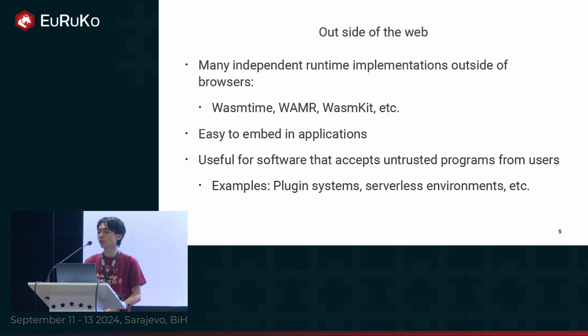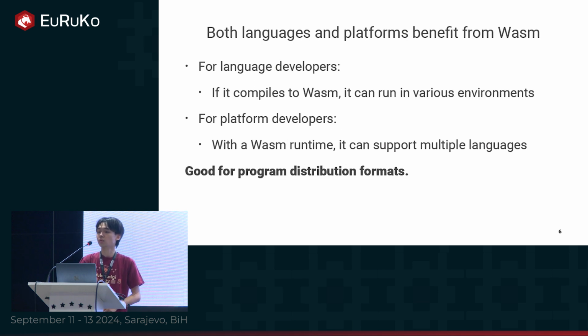So it's useful for systems that need to take untrusted programs as input from users and execute them in a safe way. Examples of such applications include plugin systems, serverless platforms, and so on. So Wasm has a lot of potential as a format for sharing programs, not just for web browsers.